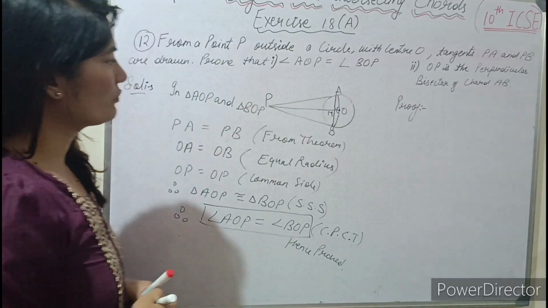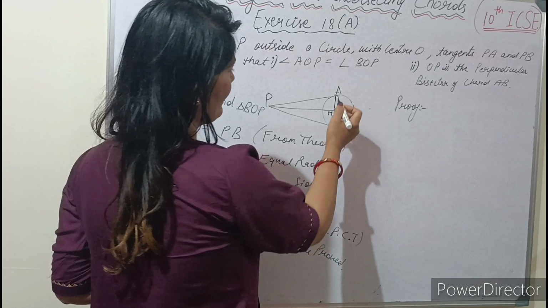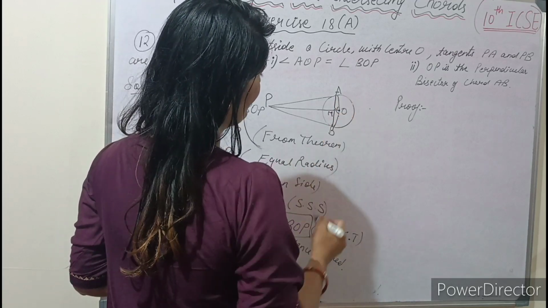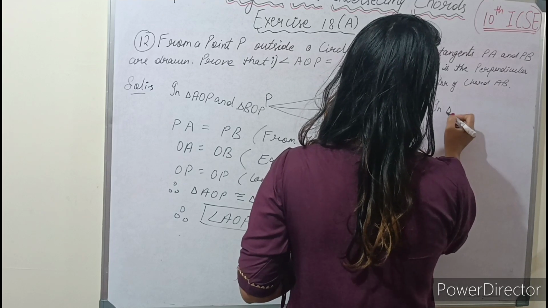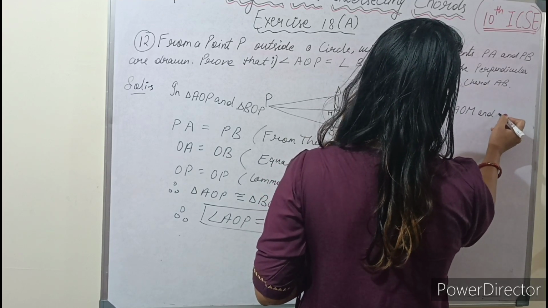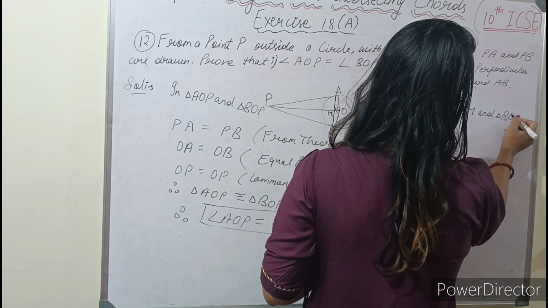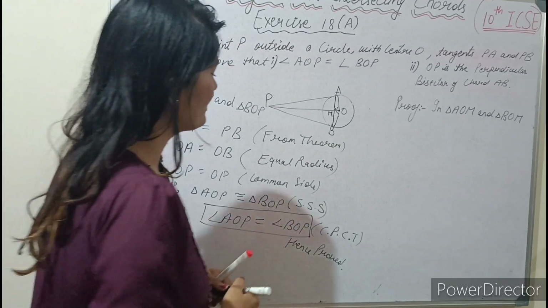So let's start proving this. For this you need to take two triangles, triangle AOM and triangle BOM. Here you need to make these two triangles congruent.